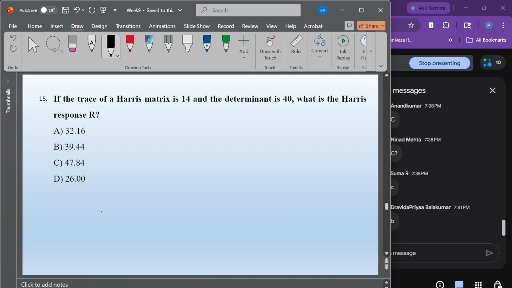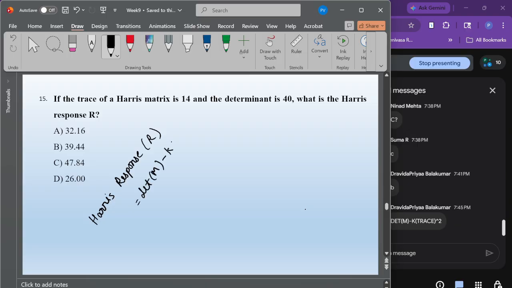Let's say the Harris matrix is represented by M. The Harris response R is calculated by the determinant of M minus K times the trace of M whole squared, where K is the selectivity response that varies from 0.04 to 0.06.